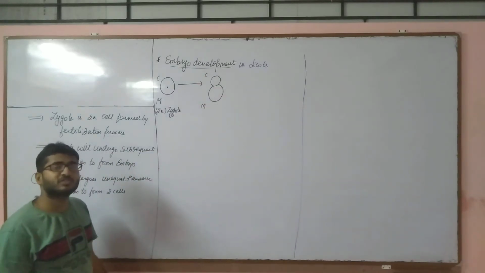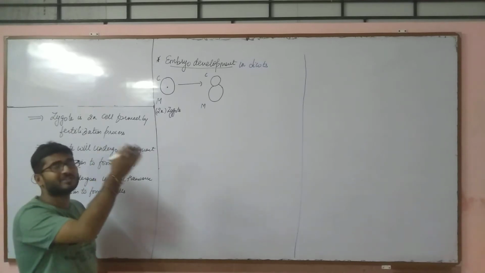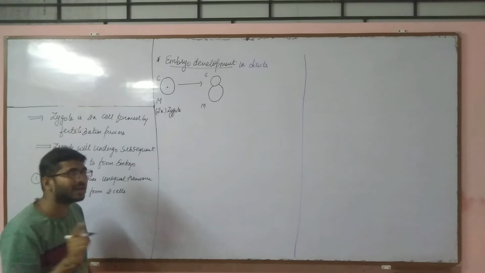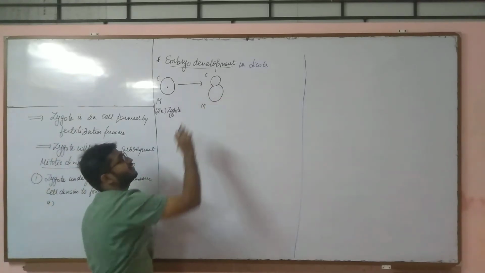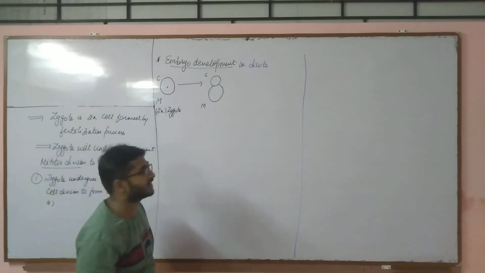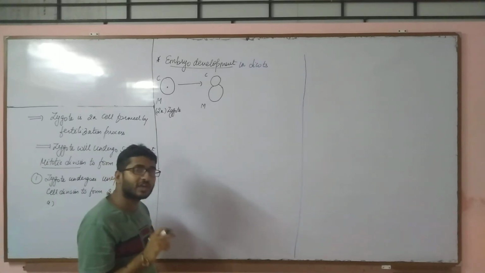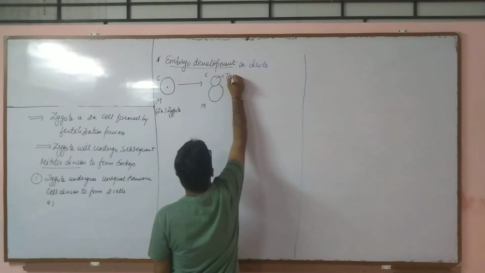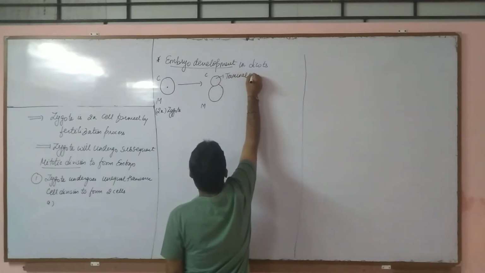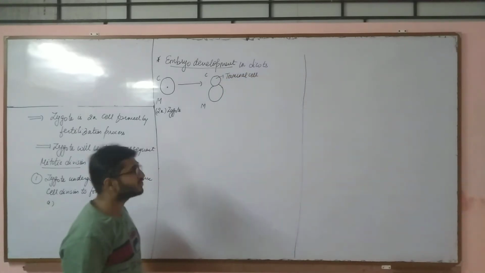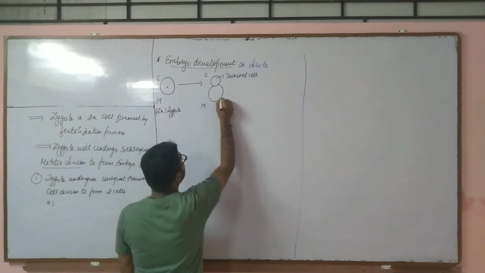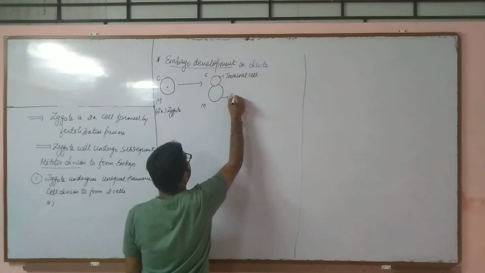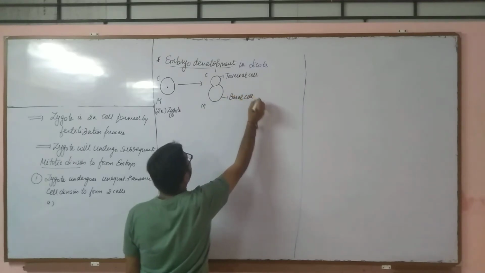Now we cannot say upper cell or lower cell. No, this is the wrong way. Now we have to say with respect to the ends, chalazal end or micropylar end. The cell which is located towards the chalazal end is called the terminal cell. And the cell which is located towards the micropylar end is called the basal cell.